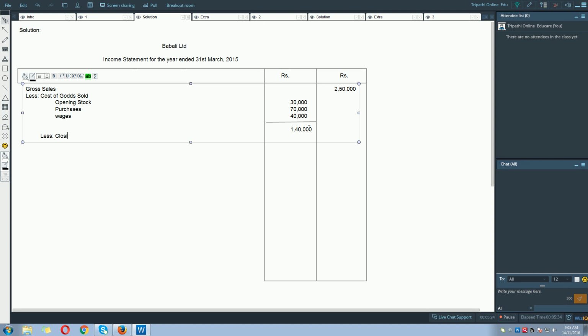From this we will have to subtract, less: closing stock, 20,000. So if you subtract closing stock, you will get cost of goods sold, which is 1,20,000.